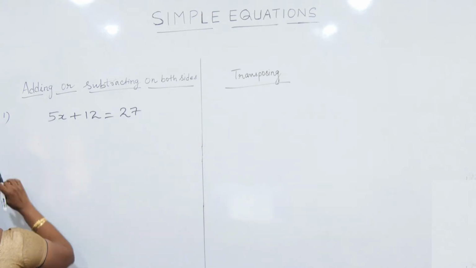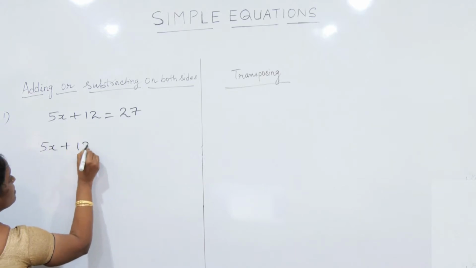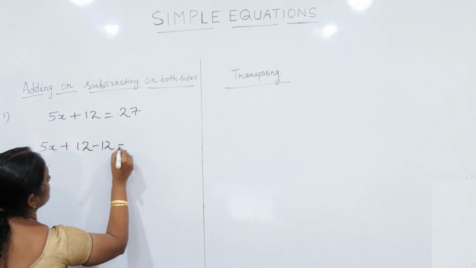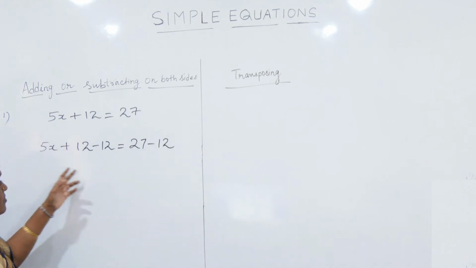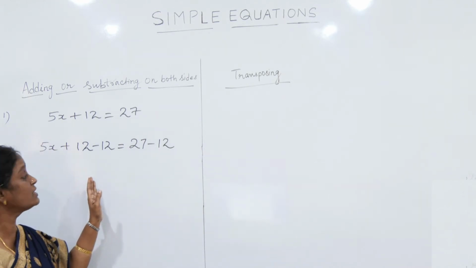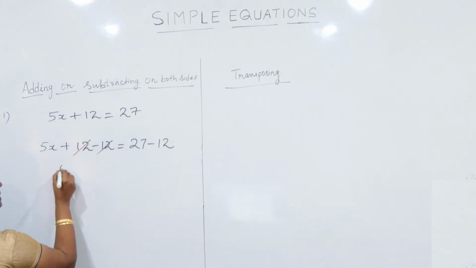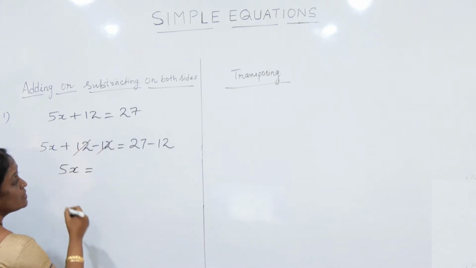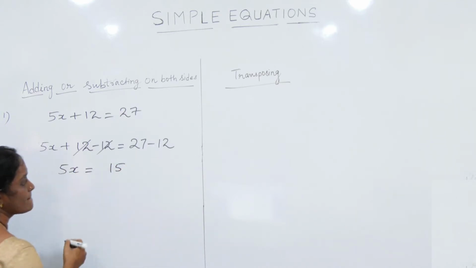Earlier, to solve this equation, we subtracted 12 from both sides. That is, 5x plus 12 minus 12 is equal to 27 minus 12. We subtracted 12 from both the LHS and RHS. So here plus 12 and minus 12 get cancelled. It is 5x is equal to 27 minus 12, which is 15.